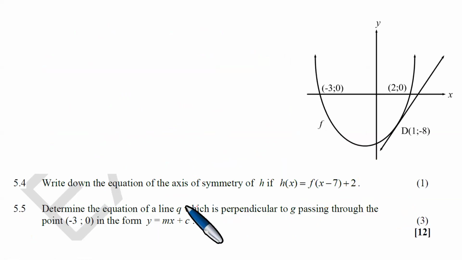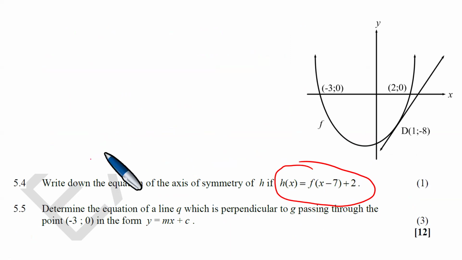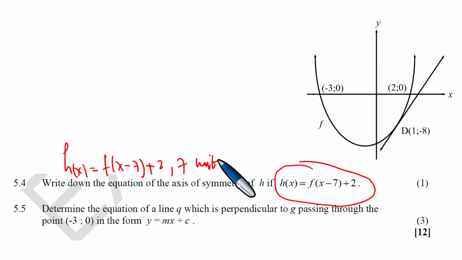Write down the equation of the axis of symmetry of h, if h is this one here. Now there is a new transformation of a function where it's x minus 7. So if somebody writes this one as h, which is f of x minus 7 plus 2, what does it mean? It means that we have 7 units to the right.